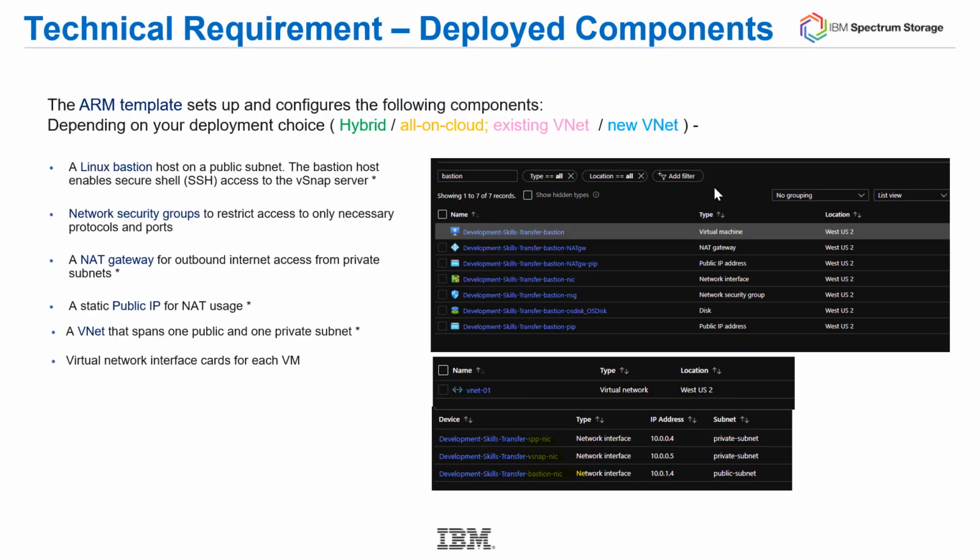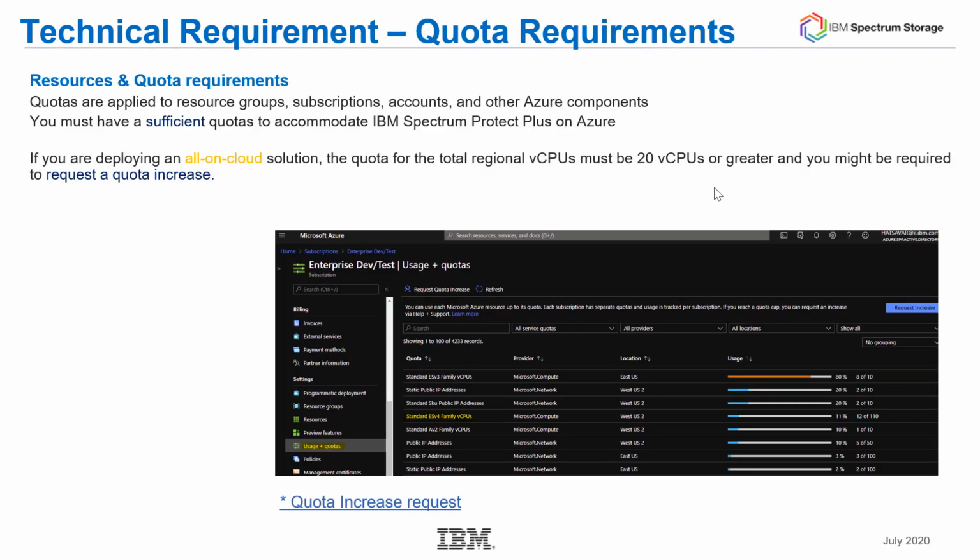Now the deployed components are going to depend on, once again, if you're doing a hybrid or an all-in cloud, and if you're deploying into an existing or into a new VNet. But you will see all of these components being put into the same resource group that we defined, so those will show up there. The quota requirements are important because the Spectrum Protect Plus server and vSnap will require a lot more than are in the standard out-of-the-box quota on Azure.